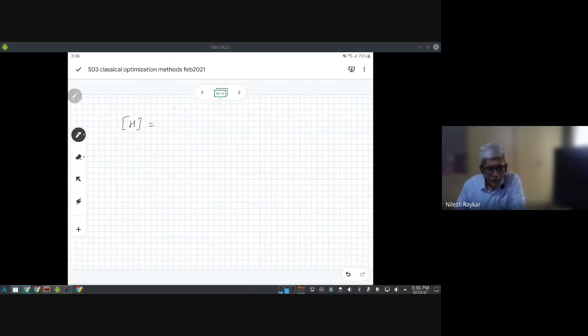So the Hessian matrix is 8 into 10 to power 6, x1 cube, x2, x1 square, x2 square.